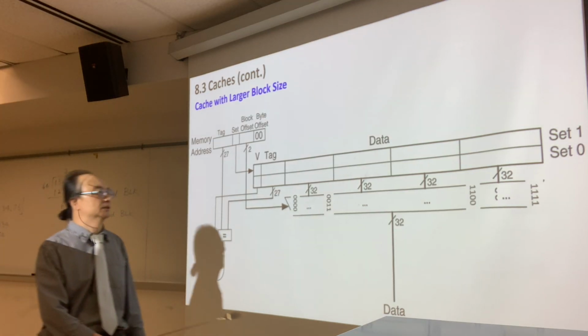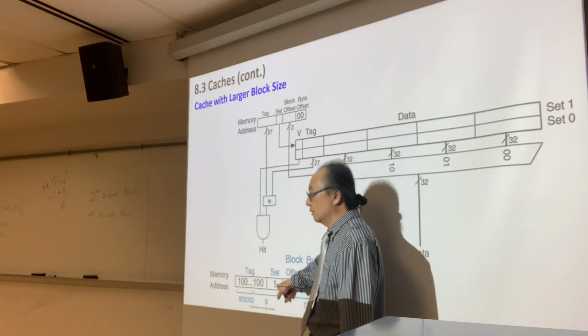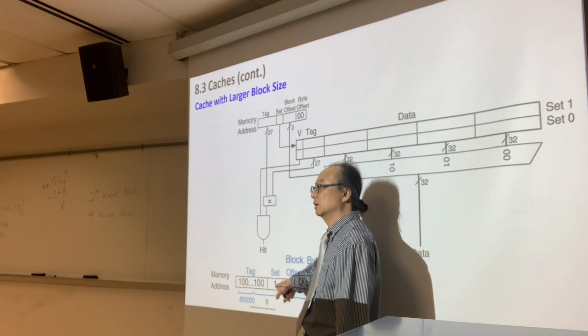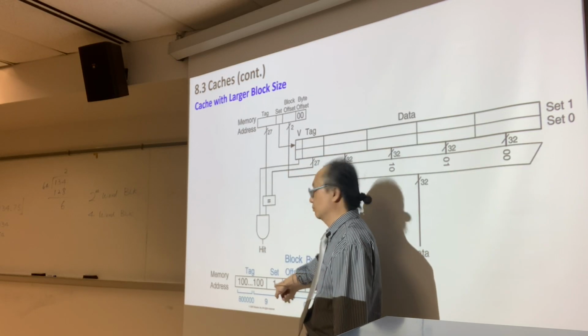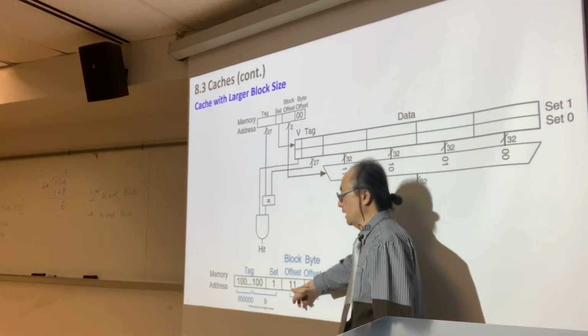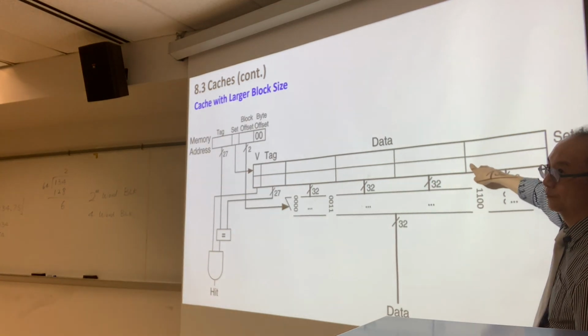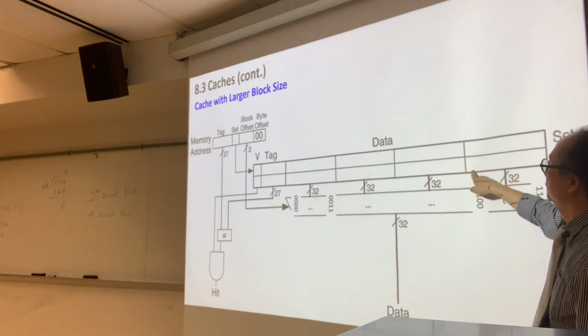Good question. Which block, block 0 or block 1? Block 1, because it's this one. And the offset is 1100, so it should be right here. This one. Good question, I forgot to highlight this.